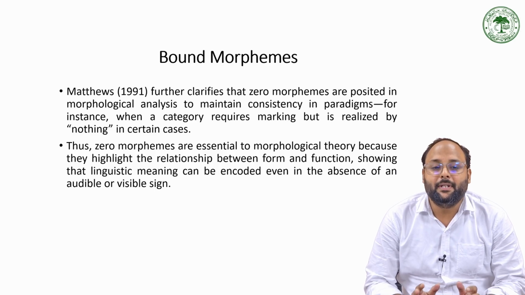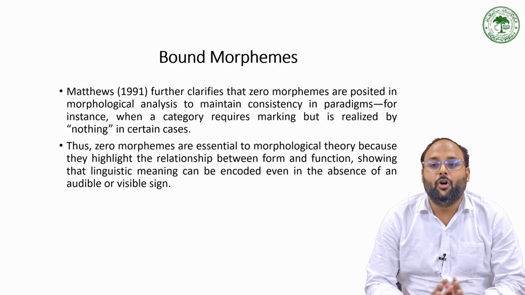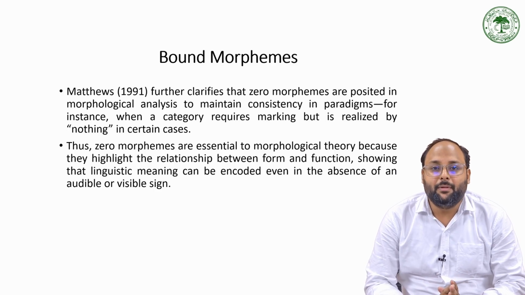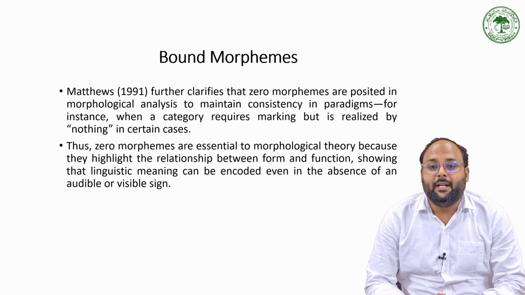Nothing means there is no orthography, no form, no affixes, no case marker. But in grammatical feature, we can understand there is some grammatical change. That change in meaning tells us that there is a zero morpheme.